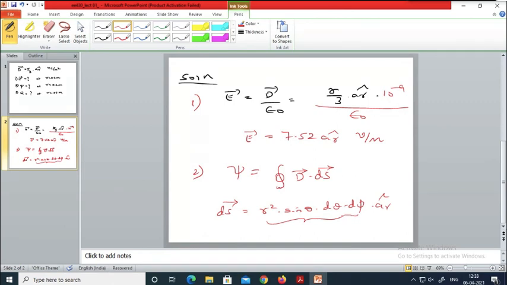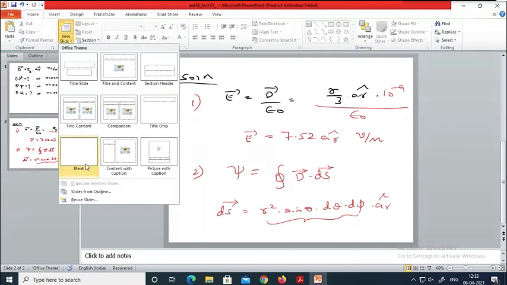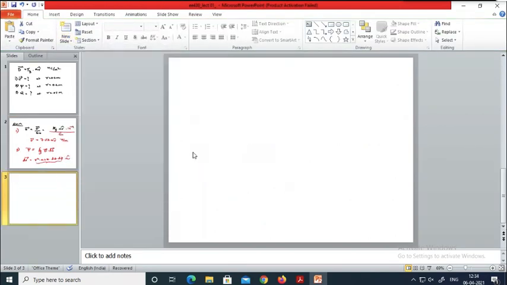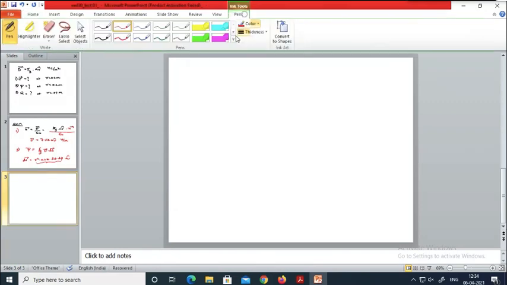It is the area of the sphere, which is taken to be as dS. Using that you can find out D vector into dS vector.